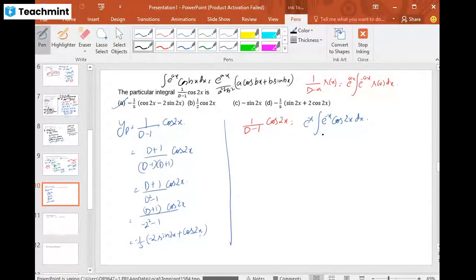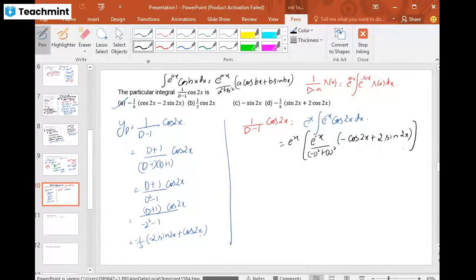So we use this property here. What is a? a is minus 1. What is b? b is 2. So a cos bx plus b sin bx.